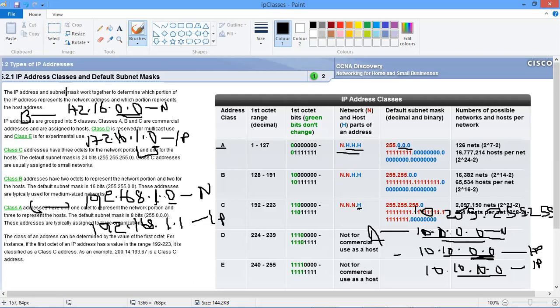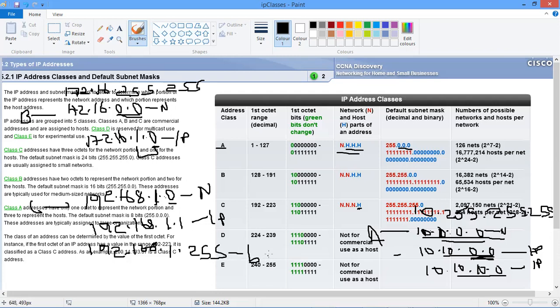Here, if I have 172.16.255.255, this is a broadcast address for B. For this one, if I have 192.168.1.255, that's it, .255 is a broadcast address.